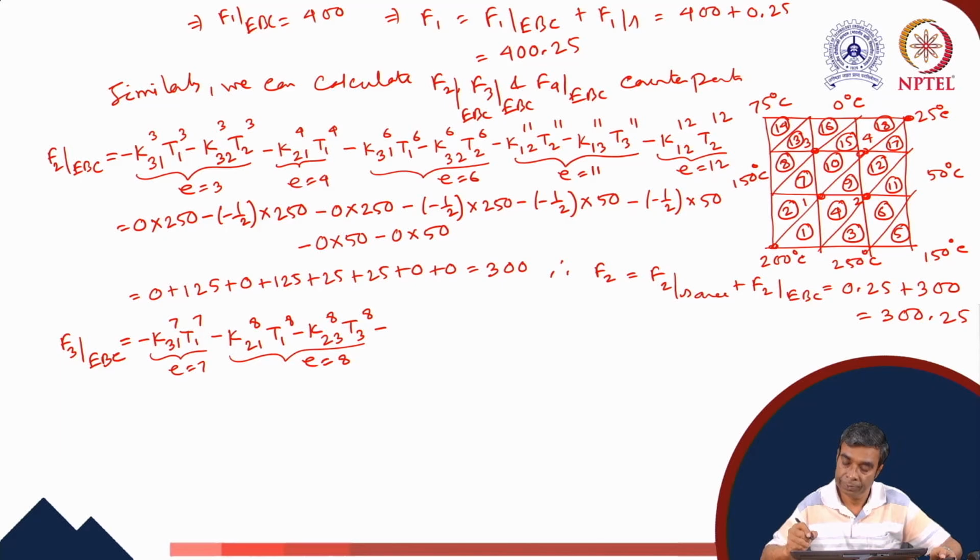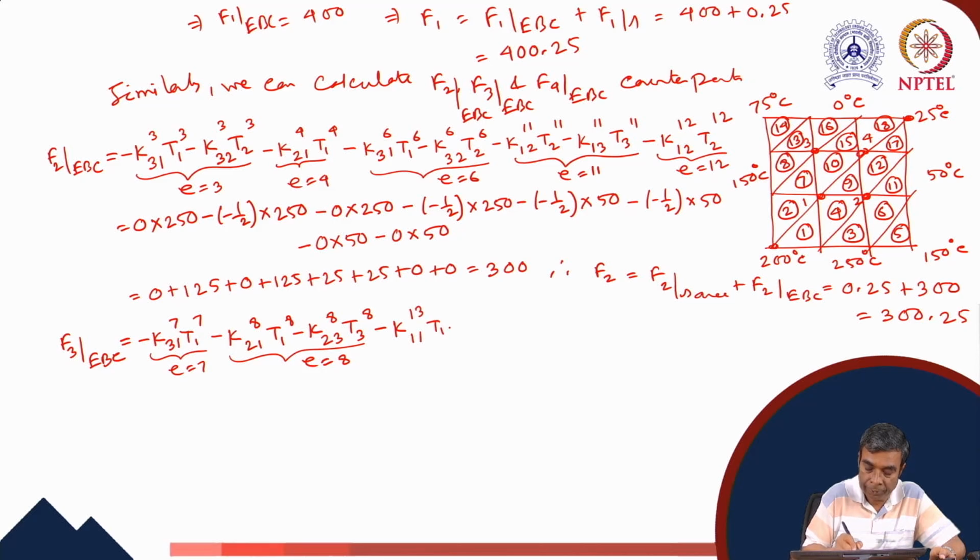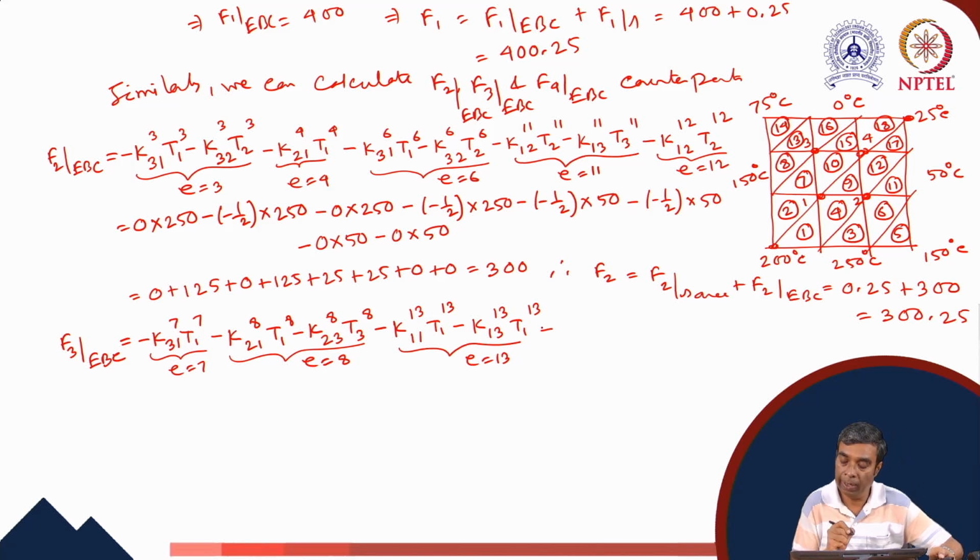Minus K, here I is 2, K1113 T113 minus K1313 T313. This is the contribution from the 13th element. And finally, the last two elements. For element 15, I is 2 and B is 3.